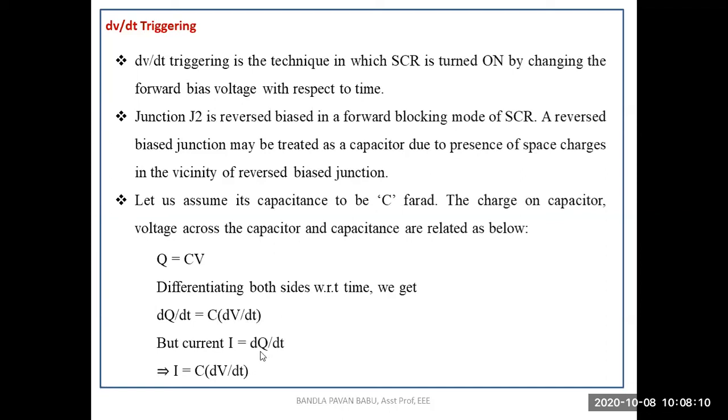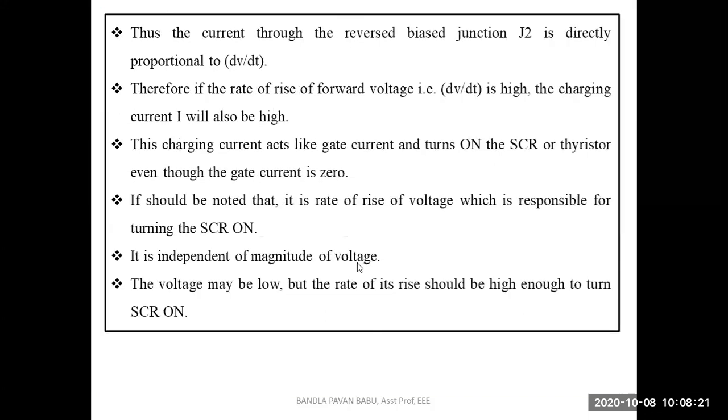Since I equals dq by dt, the current flowing is the rate of change of charge with respect to time, which equals C into dV by dt. Thus the current through the reverse biased junction J2 is directly proportional to dV by dt. Why are we focusing on the current?